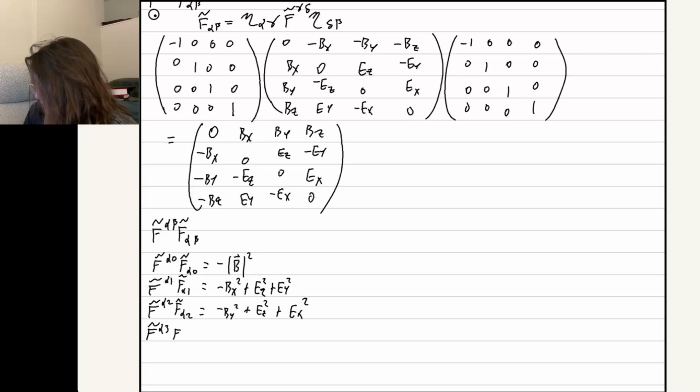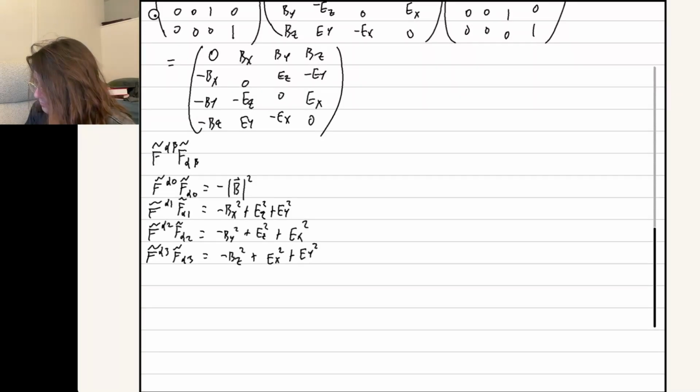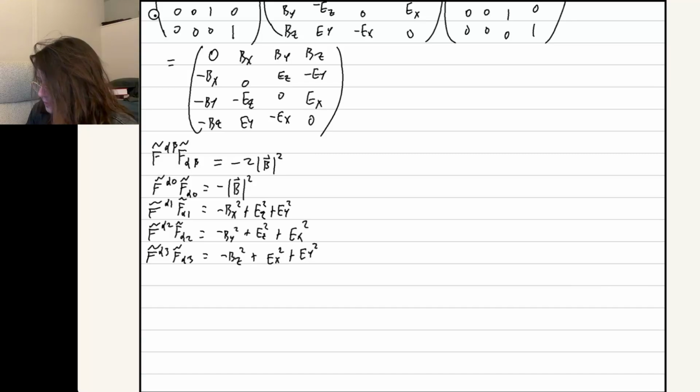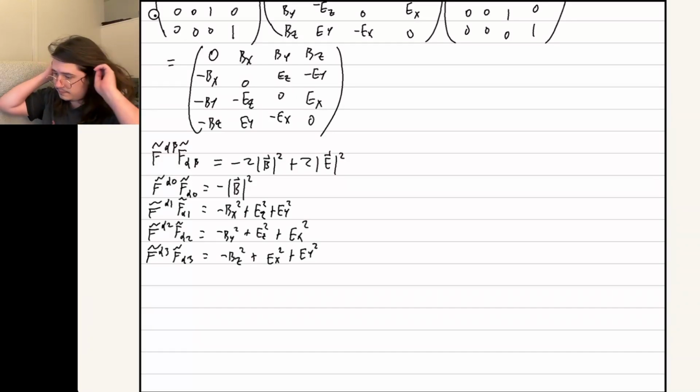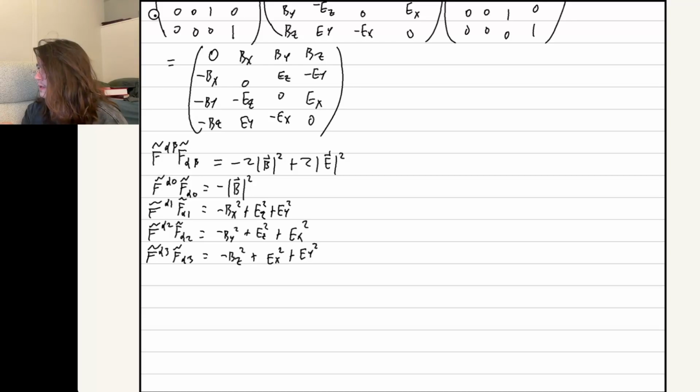Last column, α3, is just going to be minus Bz squared plus Ex squared plus Ey squared. Okay. So summing all of that up, it just looks like minus 2 times the square modulus of the magnetic field plus 2 times the square modulus of the electric field. So actually nothing too exciting there.